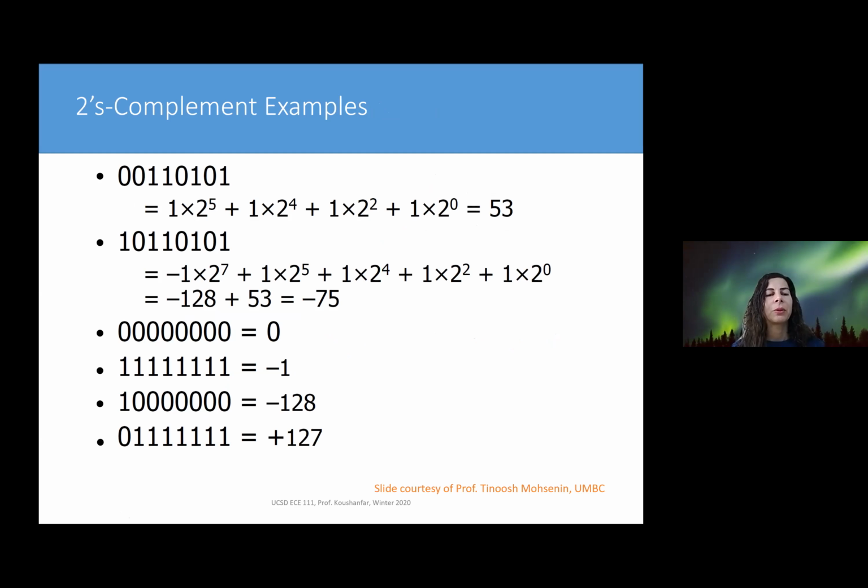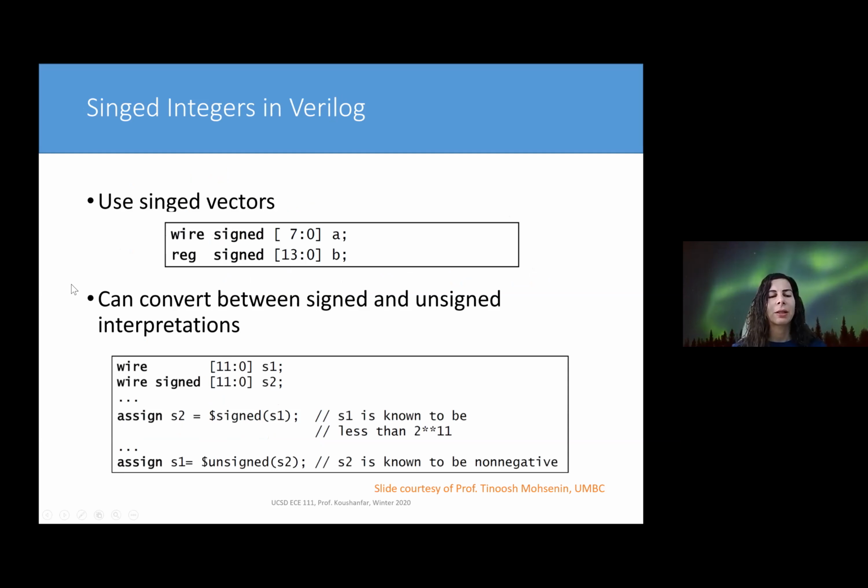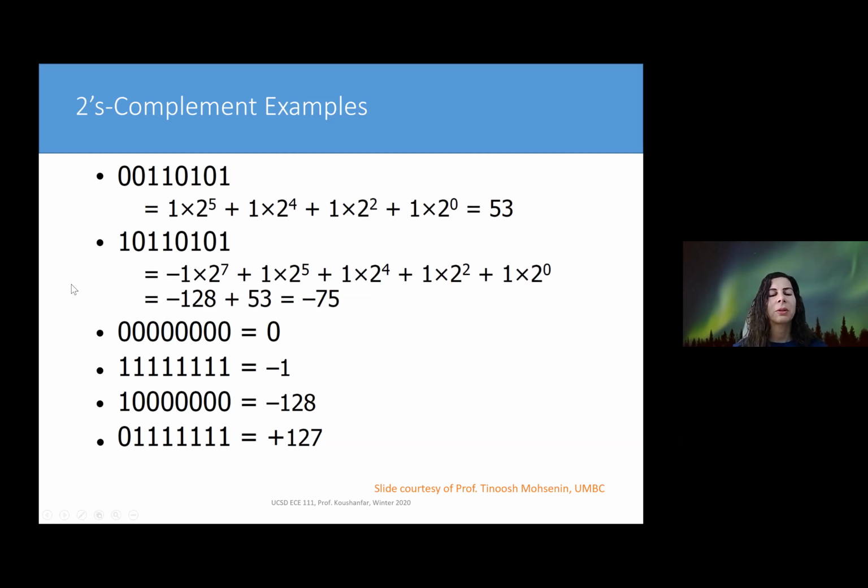Again, here we are showing how these 2's complement numbers are getting converted into the decimal system. Here you see that the most positive number is plus 127. We have one more number on that side, minus 128, and this is because there is only one representation of the 0.